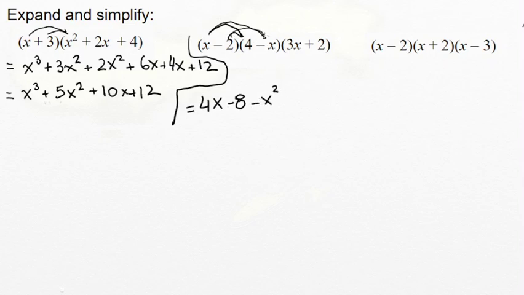And negative 2 times negative x. Now both are negative here, so that would be plus 2x. So this is the expansion of the first pair of brackets. We still have this second pair, this second set of brackets that we'll have to expand further.